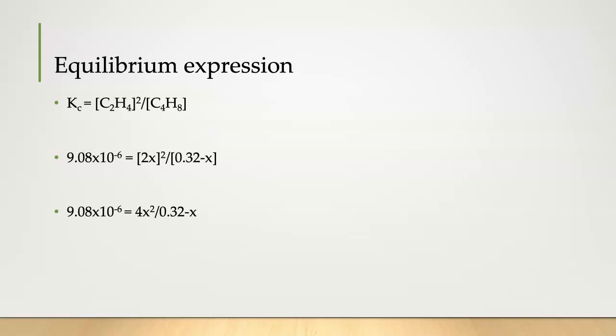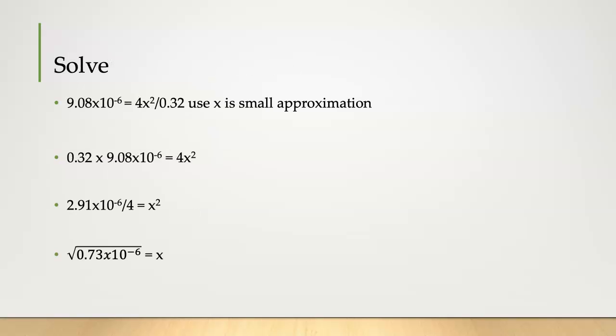Once you get everything equaled out and you distribute your square, then you should get the 9.08 times 10 to the minus 6 equals 4x squared divided by the 0.32 minus x. You can solve using the x is small approximation, and you should get 0.32 times 9.08 times 10 to the minus 6 is equal to 4x squared.